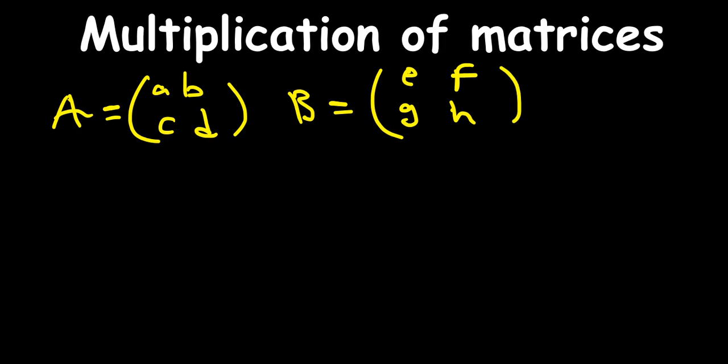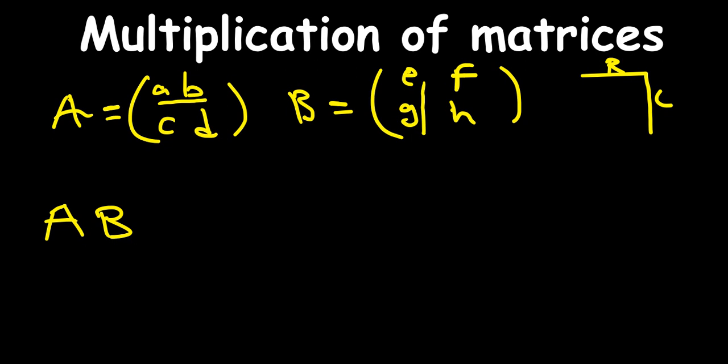So the matrix A multiplied by B, we'll be multiplying rows by columns. You get a row and then you multiply it by a column.